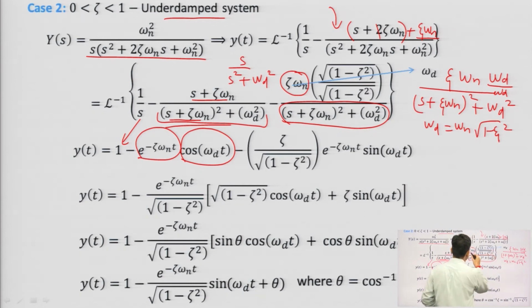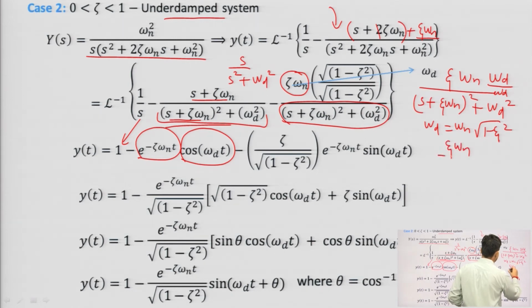So, that is why this will become zeta omega n by omega d, that is, omega n under root 1 minus zeta square, and I am doing the same multiplication of this, right. This term will cancel out. Okay.